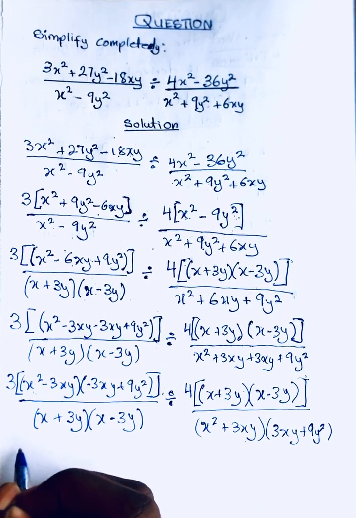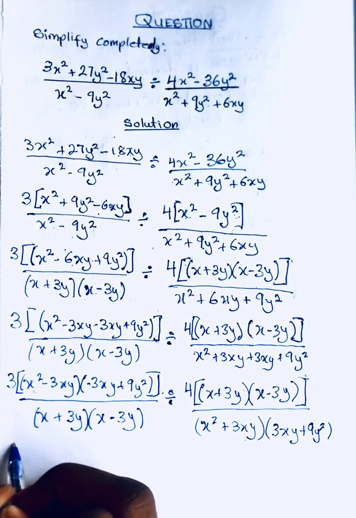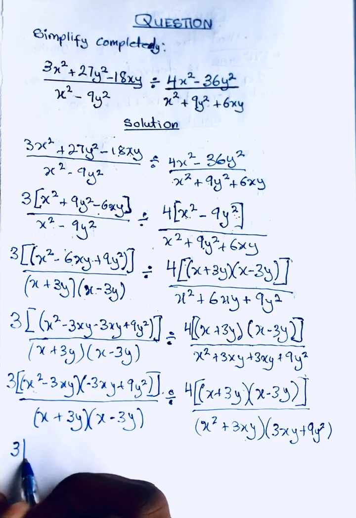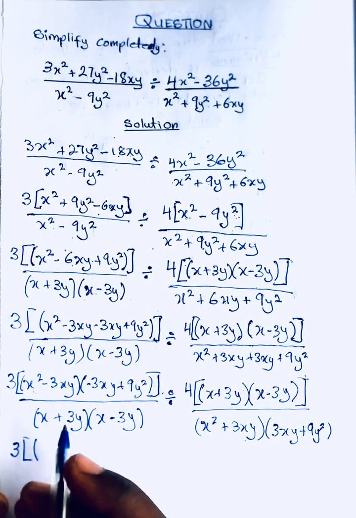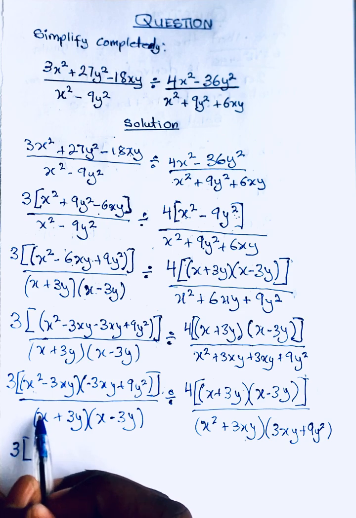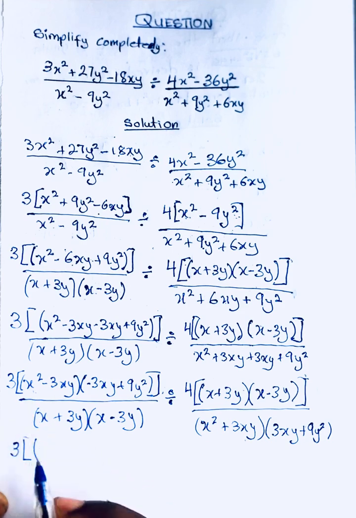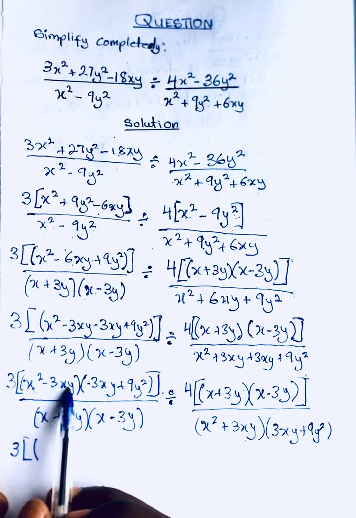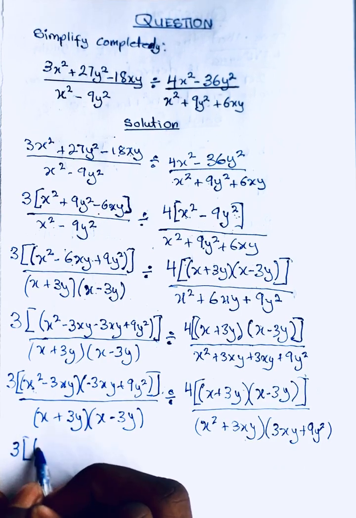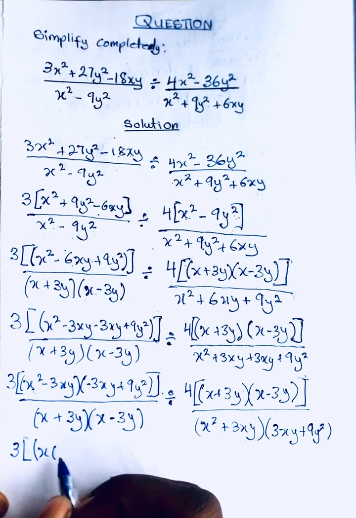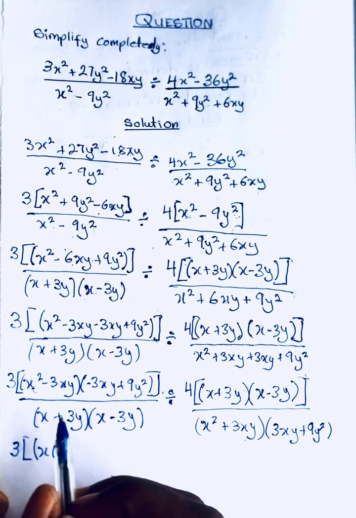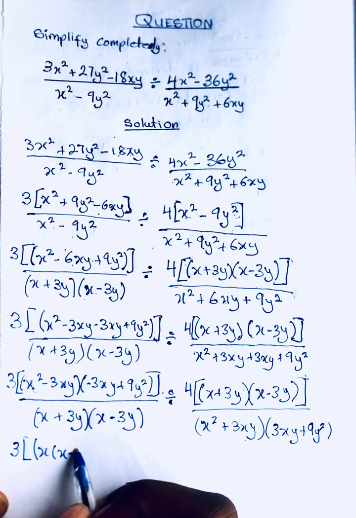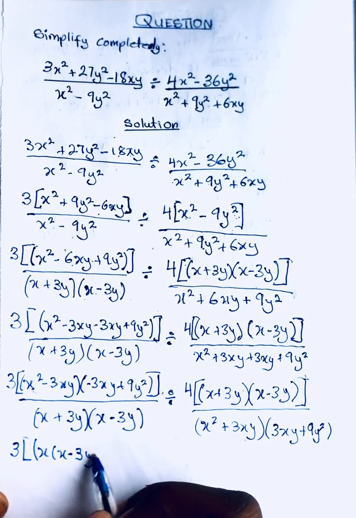Then we have 3 here. We have x in common, so let's factor out x, x into bracket x, then minus 3y here.